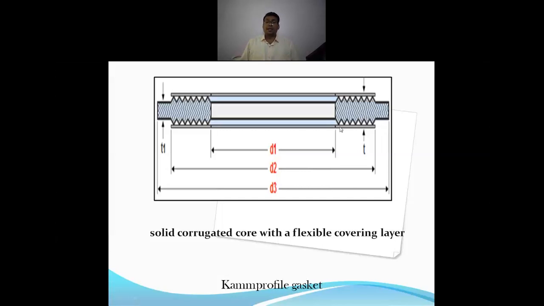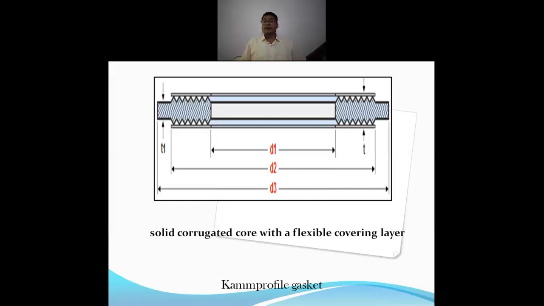This is the flexible covering layer, and inside this is the solid corrugated core. That means a solid corrugated core covered with a flexible covering. This flexible covering provides the strength, and the solid corrugations get dispersed.